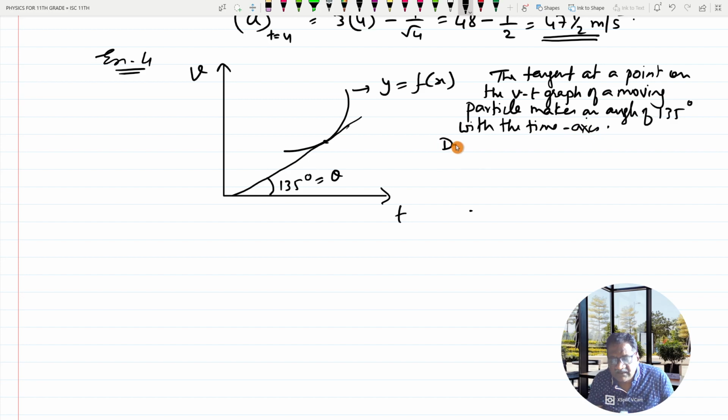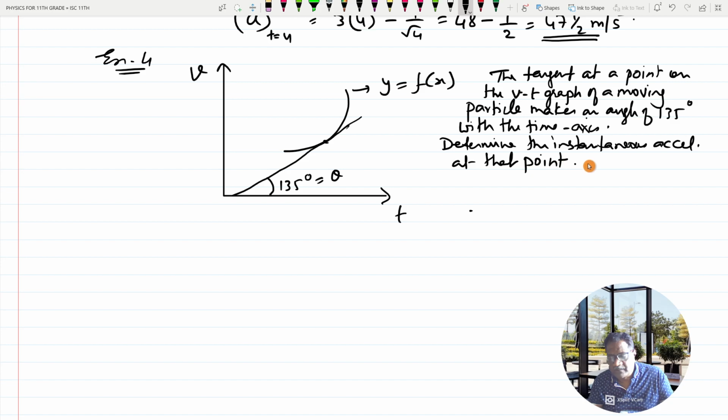Determine the instantaneous acceleration at that point. Okay.